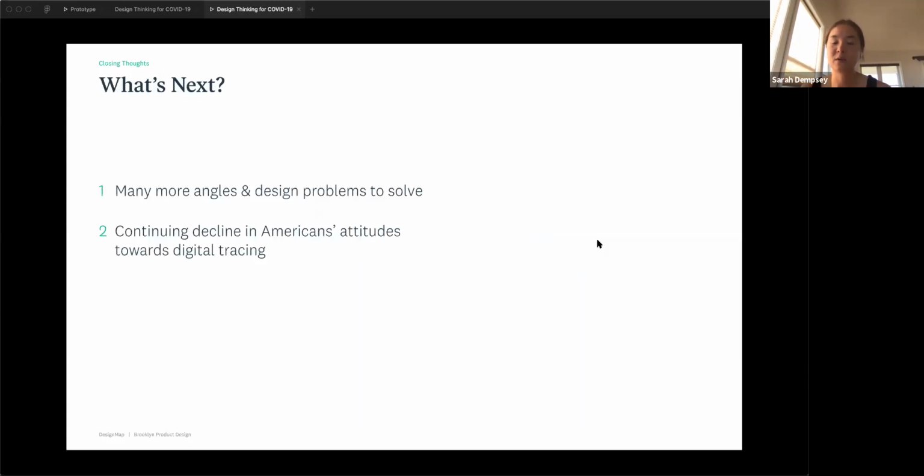In terms of what's next, we really only solved the tip of the iceberg of this problem. We understand there's so many more angles and design problems to solve. Like we said, even deciding to focus on a specific type of incentive led us down this path, but there are likely so many other ways to approach this problem.